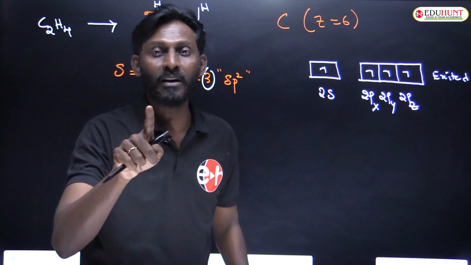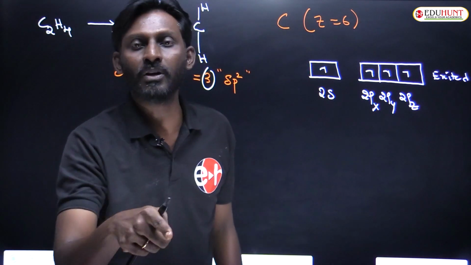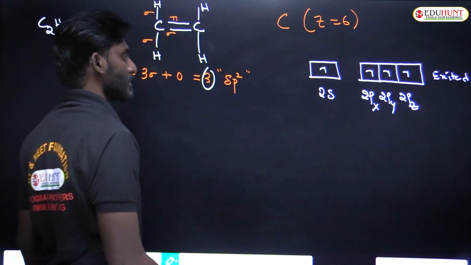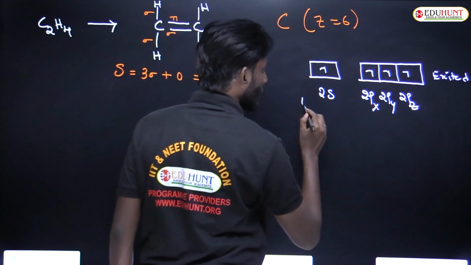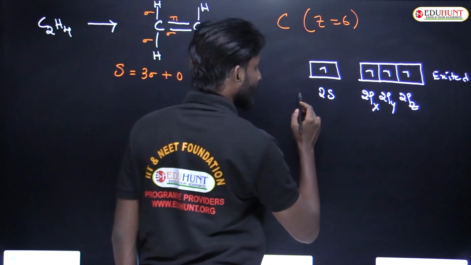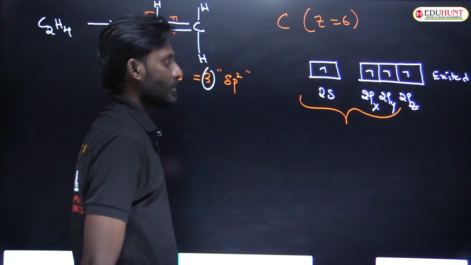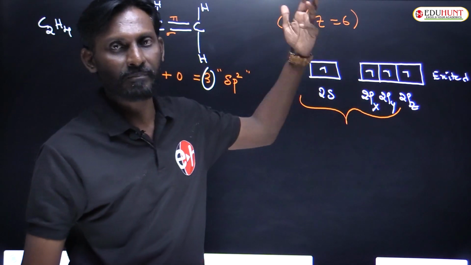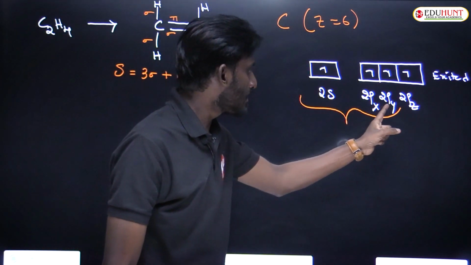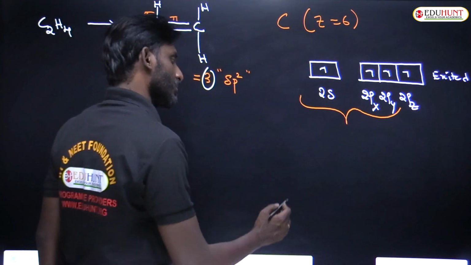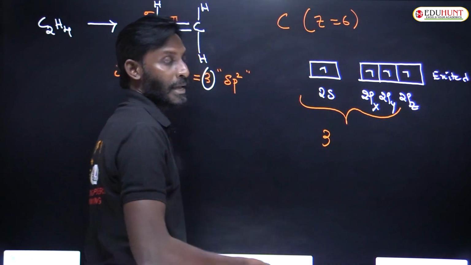If you want 3 hybrid orbitals, then 3 atomic orbitals must intermix. So you intermix the 2s atomic orbital with 2p orbitals, that can be 2px and 2py. When 3 atomic orbitals intermix, how many hybrid orbitals do you get? 3 hybrid orbitals.